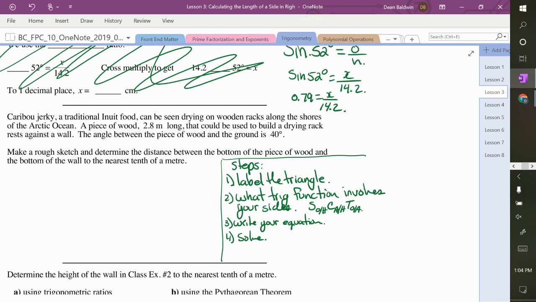Now this 0.79 equals X over 14.2 is the same as me giving you this. How would you solve this? You'd multiply the 14.2 up, right?